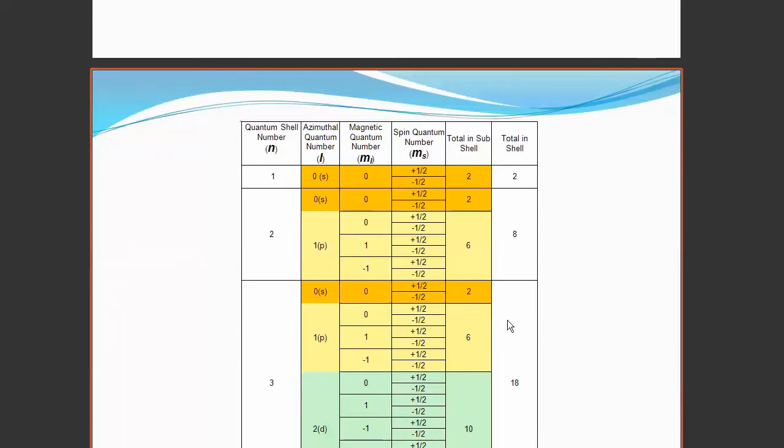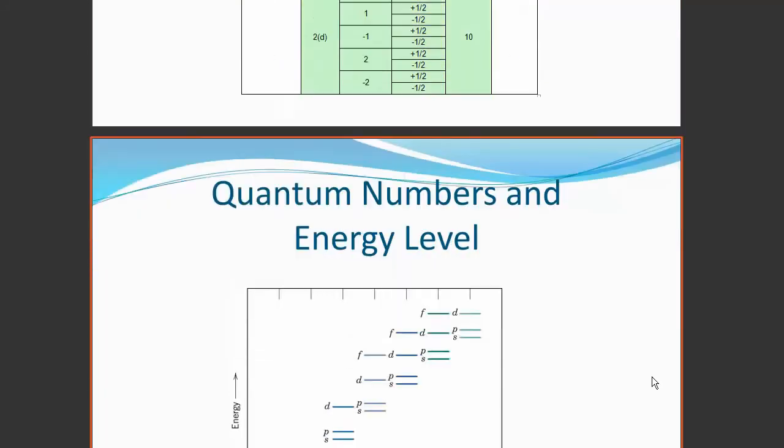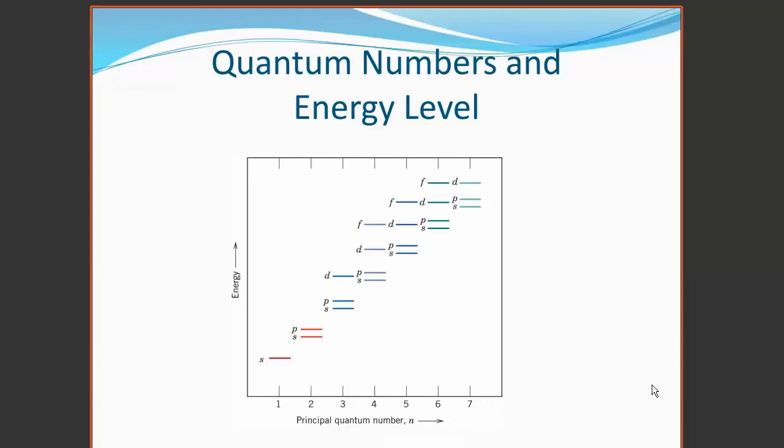And we can carry on in this manner. To determine the ground state now, we need to place the available electrons in the lowest energy levels. Generally speaking, the lower the quantum number, the lower the energy, and the lower the azimuthal quantum number, the lower the energy. However, there are some deviations from this pattern, which are shown by this diagram.